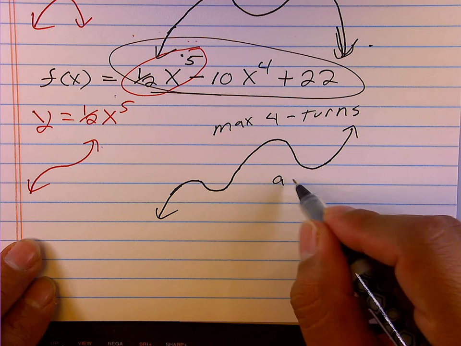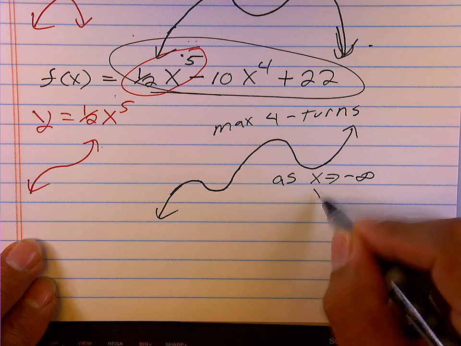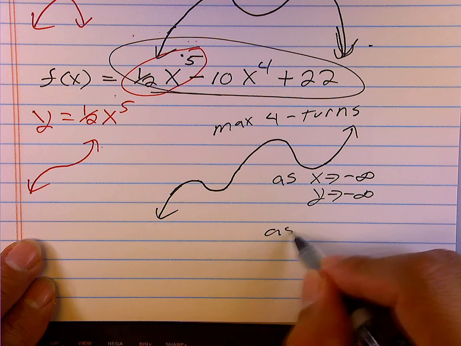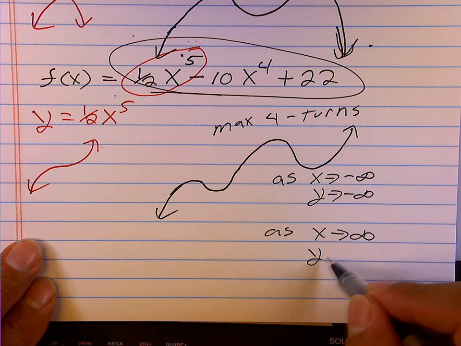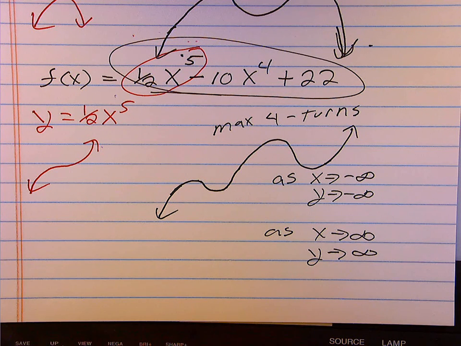I can tell you the left and right behavior. As x goes to the left, y goes down. As x goes right, y goes up. These are all the things I can tell you about this just by looking at the formula. I know the left and right hand behavior and the maximum number of turns.